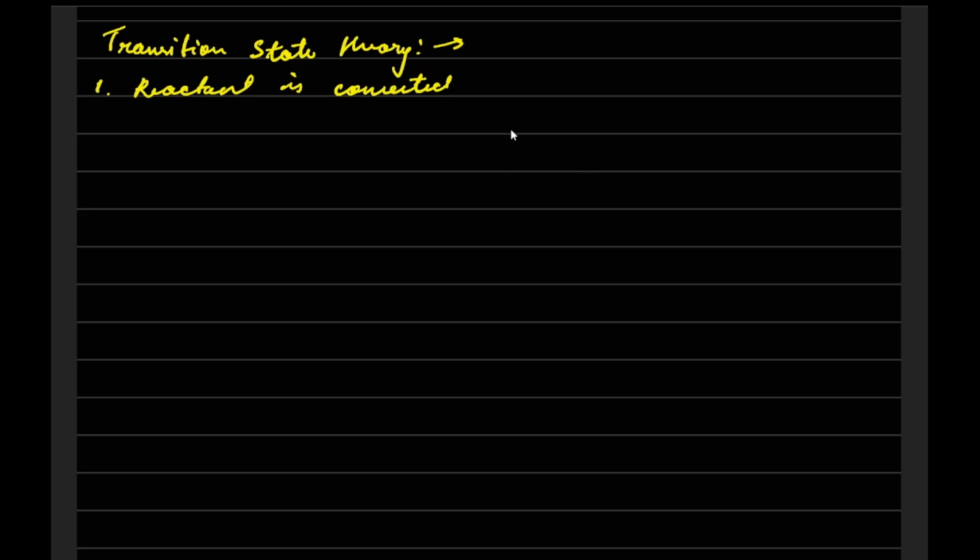So this is: reactant is converted to product via transition state. Then transition state, or X, we can consider this as the transition state.